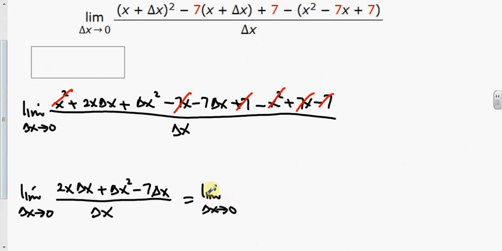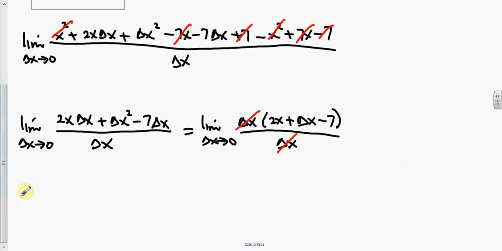The limit is with respect to delta x, so I can't just get rid of it. So I can put it here, delta x times parentheses 2x + delta x − 7. This is all over delta x. Now delta x divided by delta x cancels out. I have left the limit as delta x goes to 0 of 2x + delta x − 7.